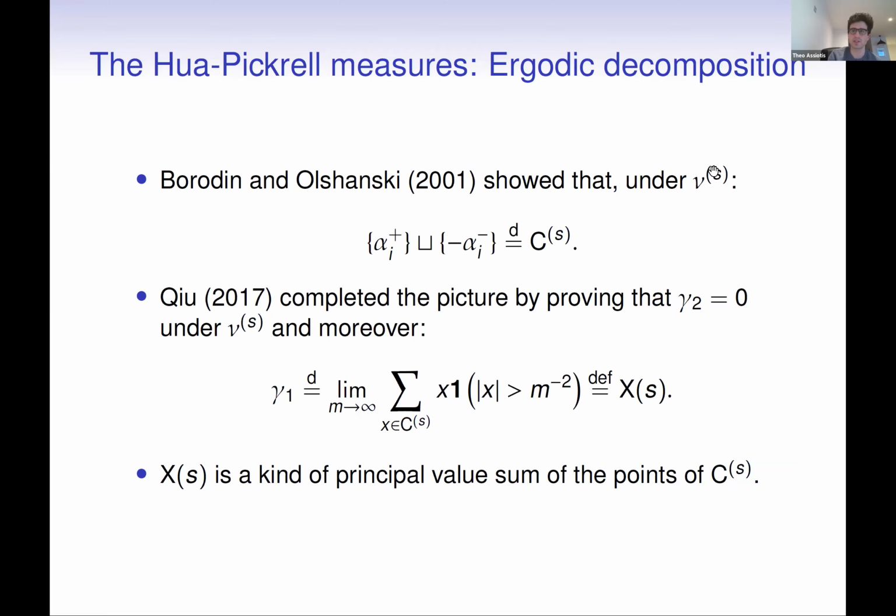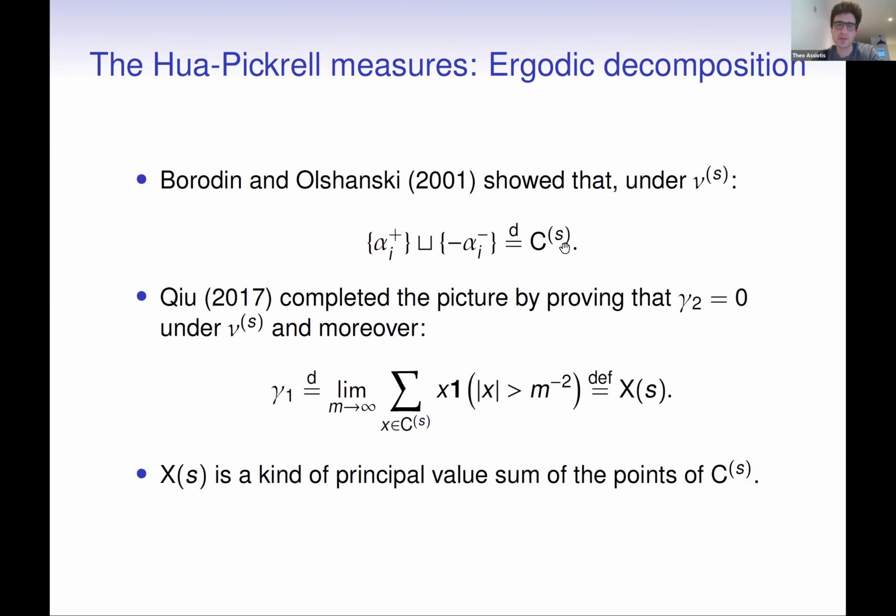So under nu_S we have random parameters, and you can show that with probability 1 they're distinct. The law of these parameters is completely determined, given by the law of this determinantal point process, and we know the kernel explicitly.